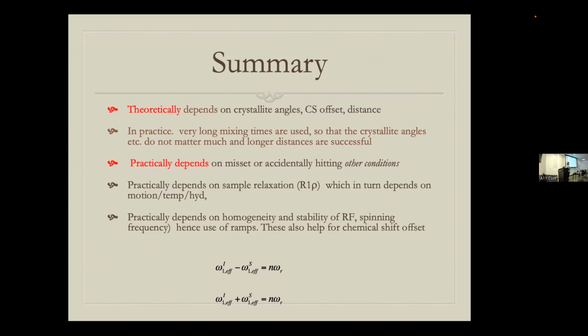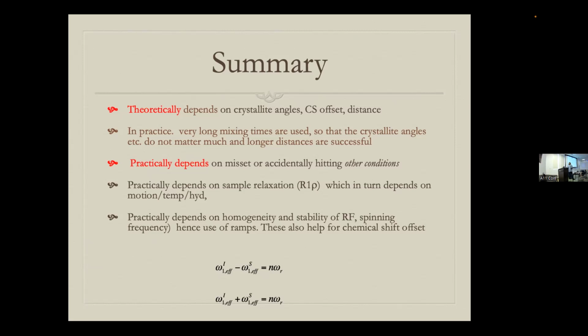But in practice, a lot of times it's about the motion, which in turn is about hydration and temperature, like how much freedom do segments of your protein have. And that freedom results in a short R1 rho, which might be interesting, but it also might defeat your experiment.